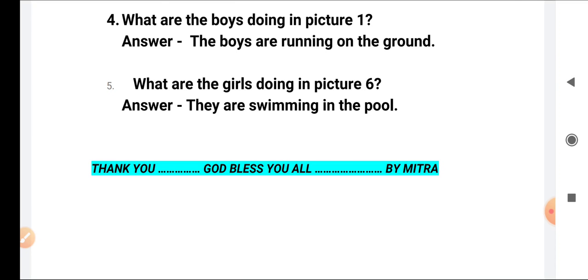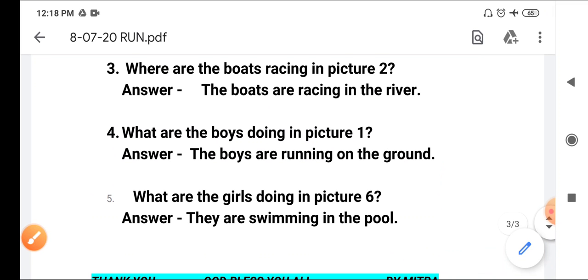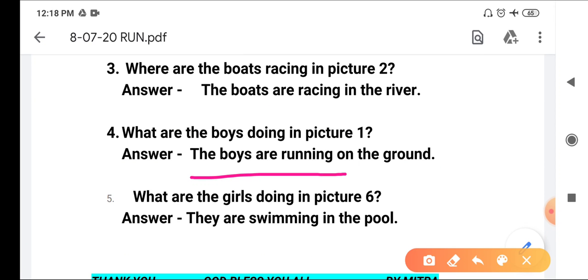Yeah, you can answer only up to here, or you can add this. If you want to add, then you can add, and if you don't want to, then you don't add. Okay, it is your choice.